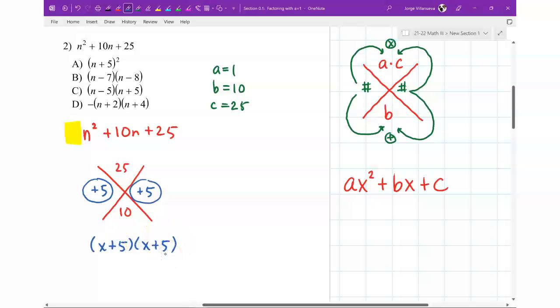Now, do you see x plus 5 times x plus 5 on my A, B, C, or D options? Well, A, right? Now, it's not obvious, but since they're both the same, they're going to want you to just kind of combine them.